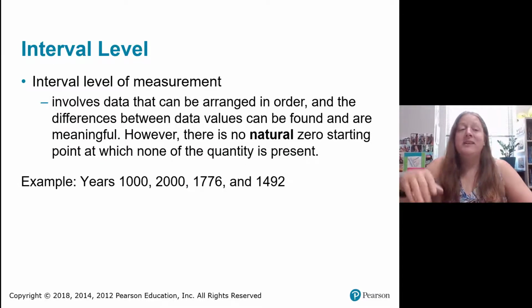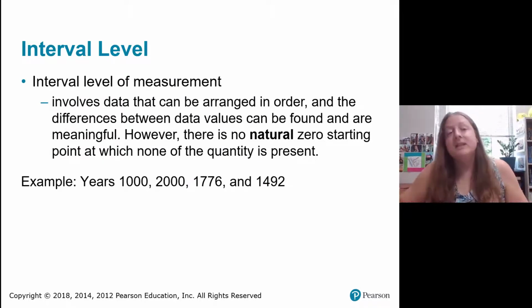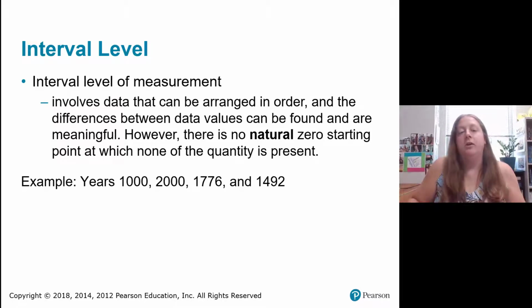Our next level is interval level. At this level, we still have data that falls into boxes, and those boxes are in an order. But now the distance between them matters. So years fall into this category.